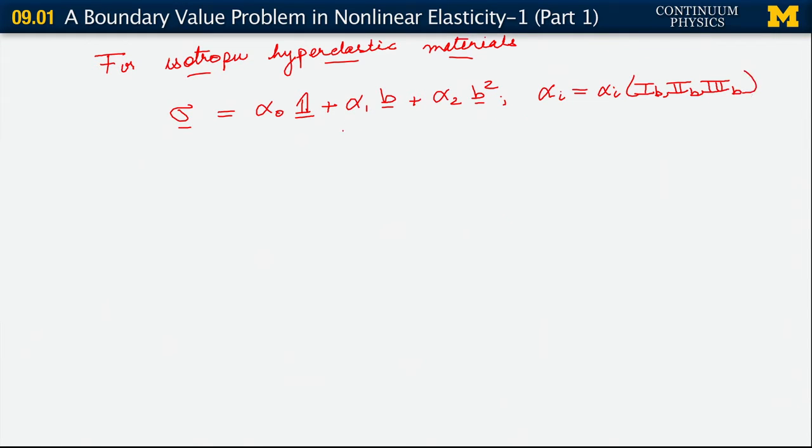And the question was, how come if you're doing true nonlinear elasticity, this thing gets truncated at b squared? It seems almost like a Taylor series expansion that starts out and for some reason just stops at b squared. And the answer is that, well, one can prove this.